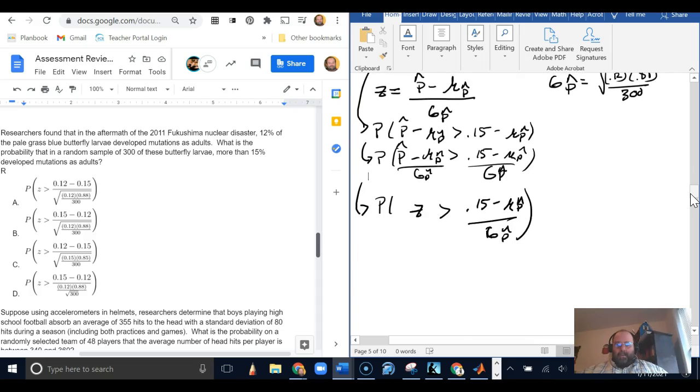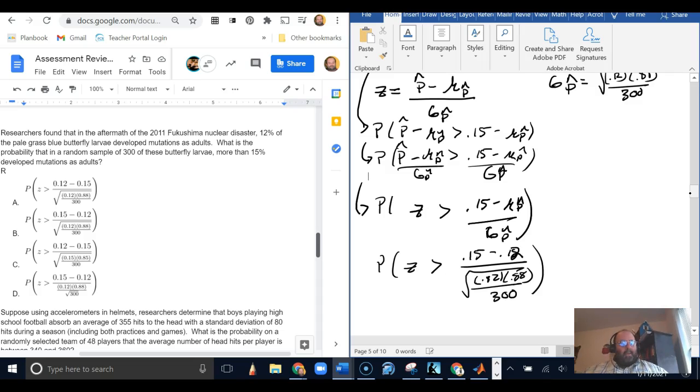So this would be rewritten as 0.15 minus 0.12 over square root 0.12 times 0.88 over 300, which looks a lot like B. That one's B. Okay, so there we go in that problem.